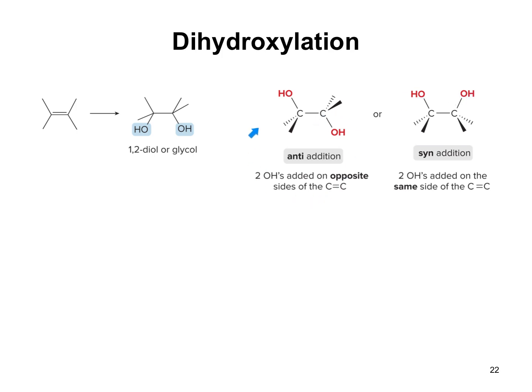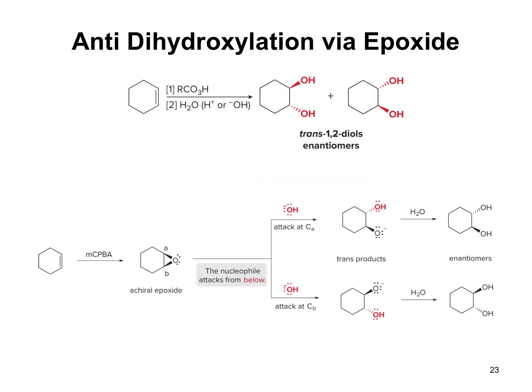So we are going to start out and we are going to look at the anti-addition first. So when we look at an anti-addition, this is achieved in two steps. Epoxidation, followed by a ring opening with either, right, OH minus or an acid.